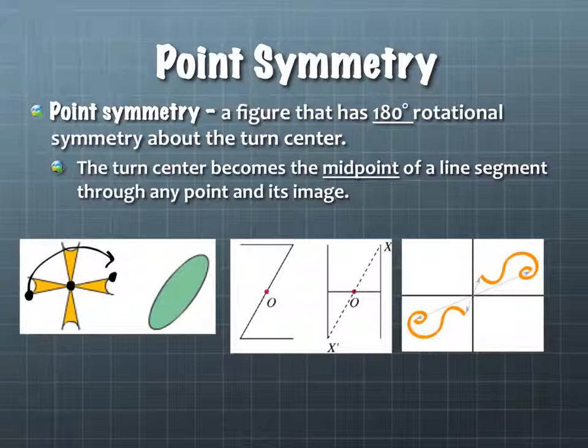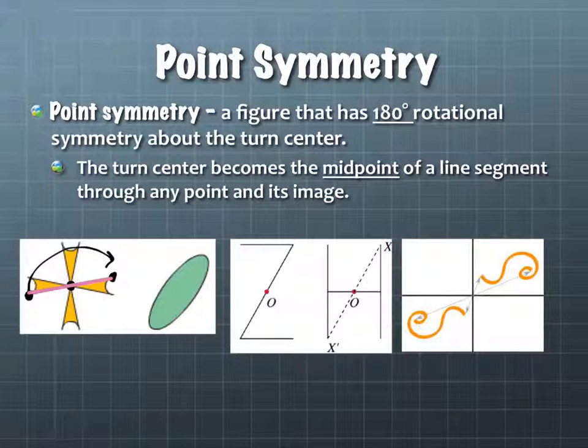That would be its image after the rotation. And if you were to connect them with a line like this, then the turn center is the midpoint of that line segment. That's what it's referring to. And you can do every point and its image and it will create these segments where the turn center is the center of that segment.